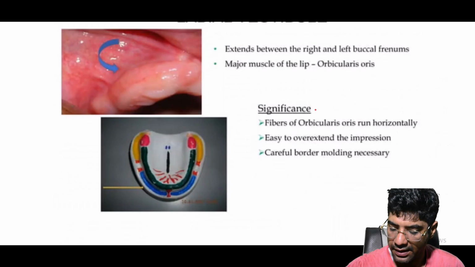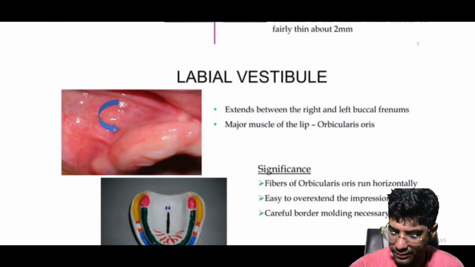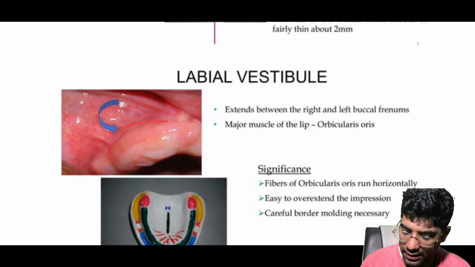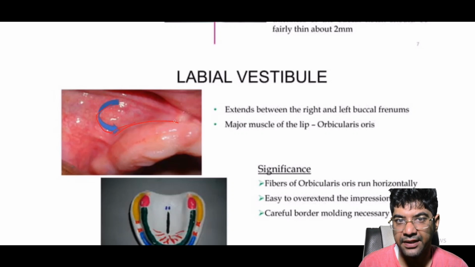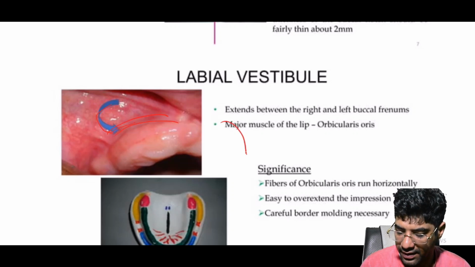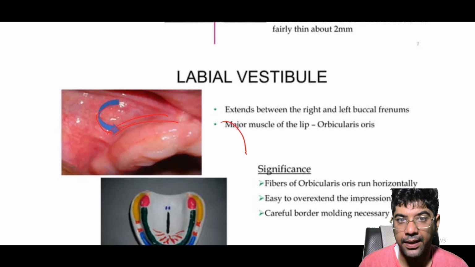The second structure is the labial vestibule. So what is the labial vestibule? It is the space that is bounded by teeth, gingiva and alveolar ridge on one side, and on the other side there are lips and cheeks. It is divided by labial frenum into left and right compartments, and it is covered by lining mucosa.